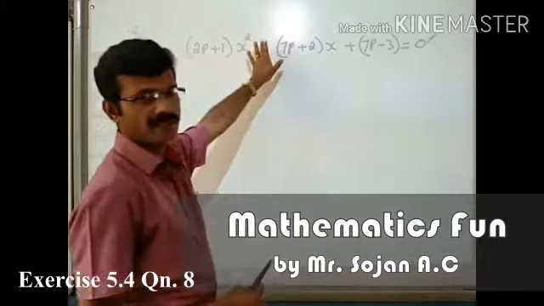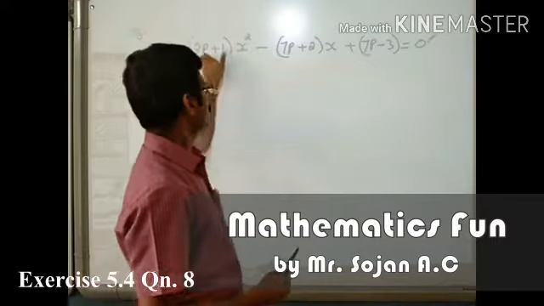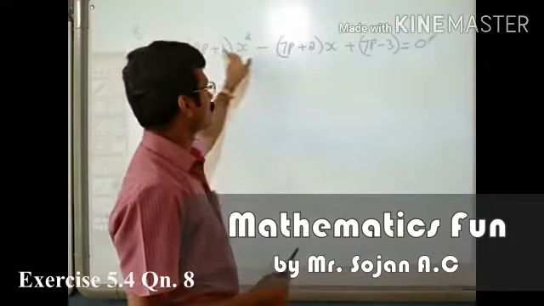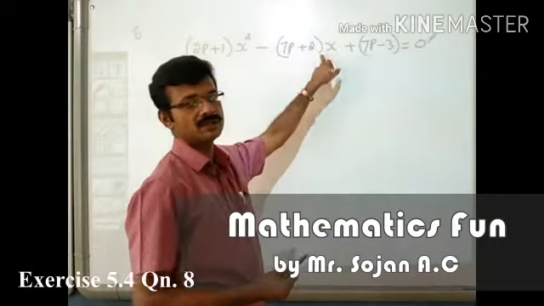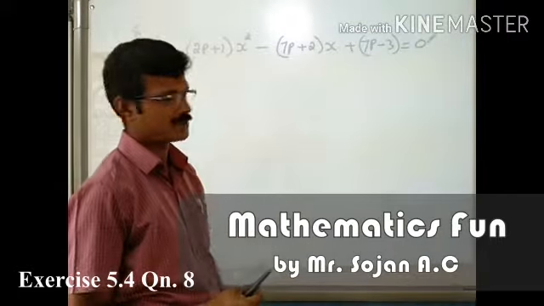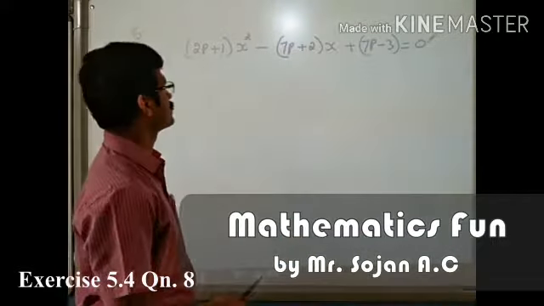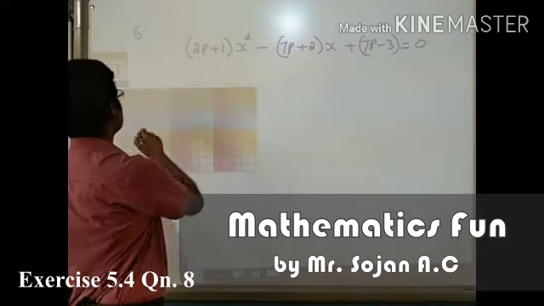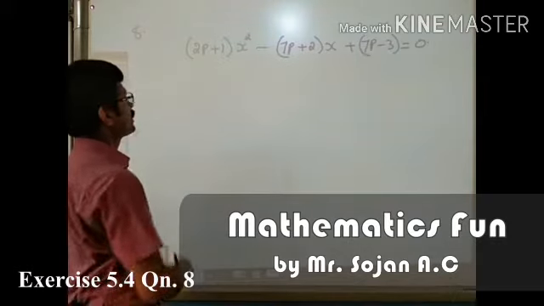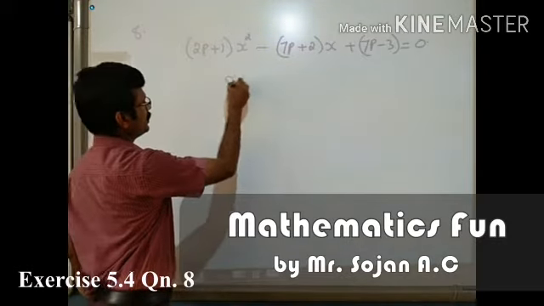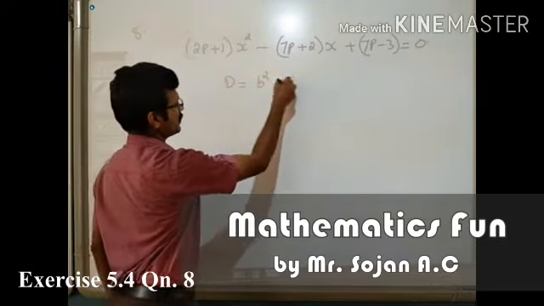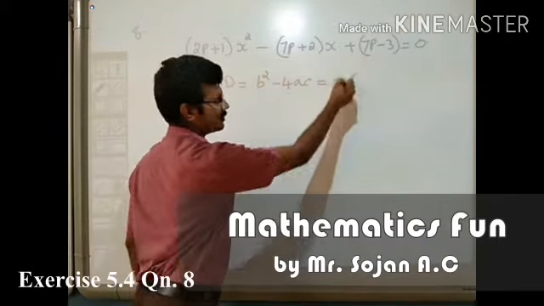It is exactly like the last question, but the equation looks a little more complicated. It is given that the equation has equal roots, and not only that, we have to find out the roots also. That is the question. So we will go with the condition for equal roots. We know b square minus 4ac is equal to 0.